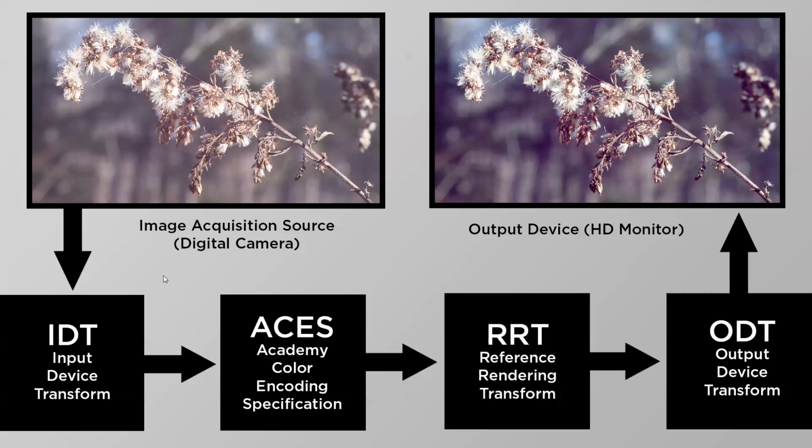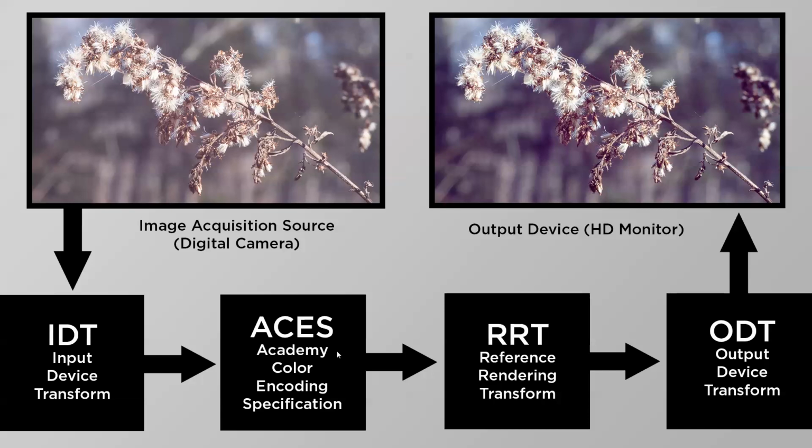Each separate device has a specific IDT that you can apply to it that will properly convert it into ACES. In the instance we're talking about here, cinemaDNG would be applied only to cinemaDNG footage, if that's in fact what you're trying to convert into the ACES color space.